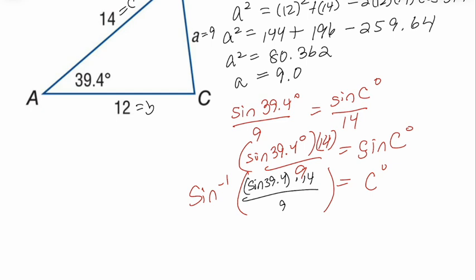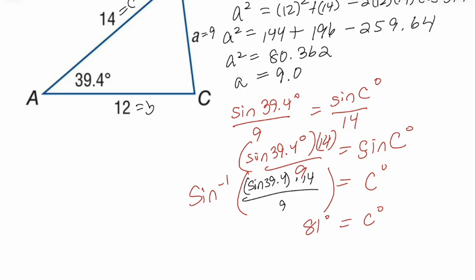You can just put that whole thing in. So if you hit second, then sine, that little negative notation comes up, times the sine of 39.4 times 14 divided by 9. And the angle measure when rounded to the nearest whole degree is 81 degrees.